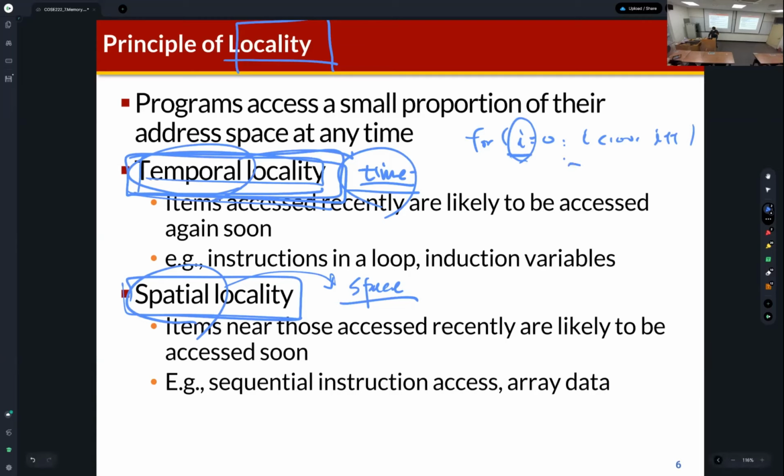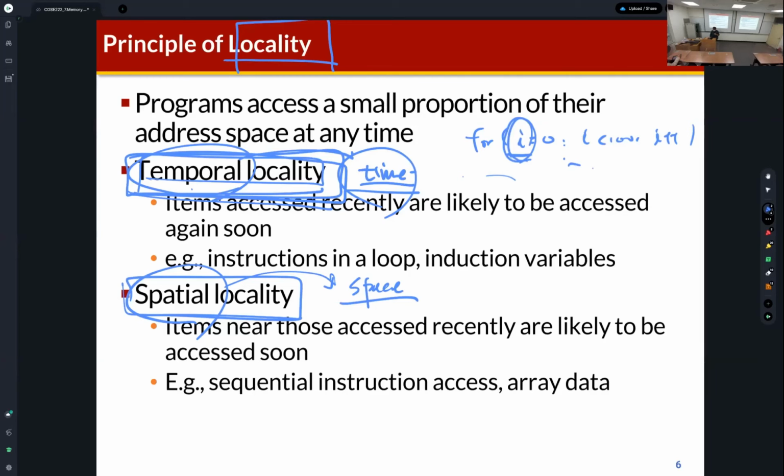We just update the value in variable i, but this variable i is repeatedly used. It means the same data is repeatedly accessed by a program. So this kind of locality is called temporal locality. You need to understand this meaning. Temporal locality means that if a certain data is accessed, then in the near future, the same data will be accessed again.